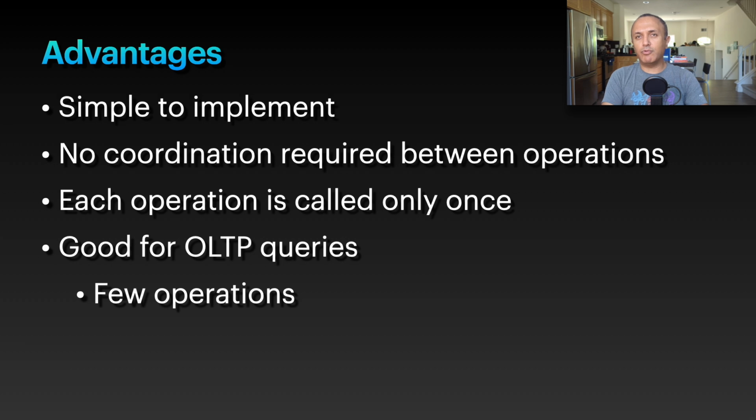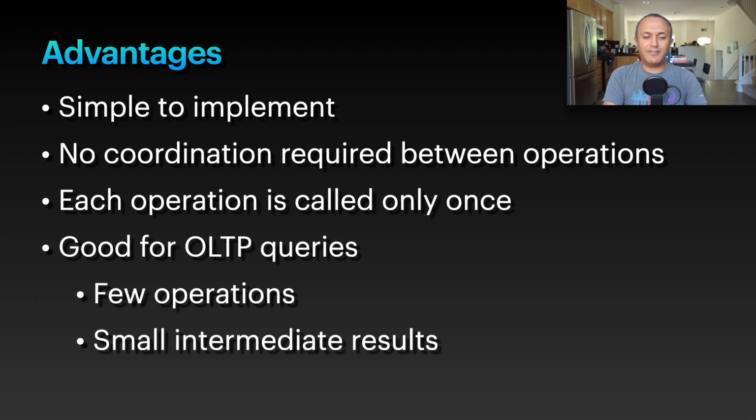So remember when we said that you cannot produce output until all the nodes have produced their intermediate results. So when you have few operations, it means that you don't have to wait for too long. And also because usually the intermediate results are also small, because again, it's a simple query operating on a small number of rows. So most of the time, these intermediate results can actually fit in memory and you don't need to spill to disk. So the queries can be relatively fast.